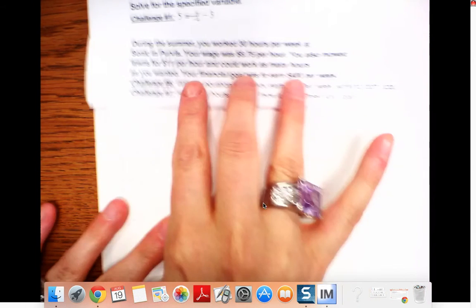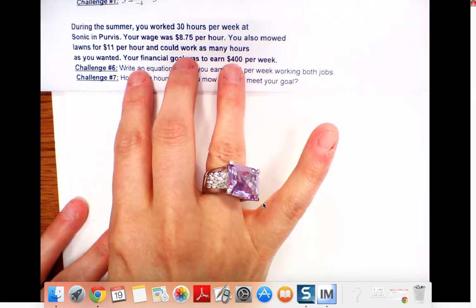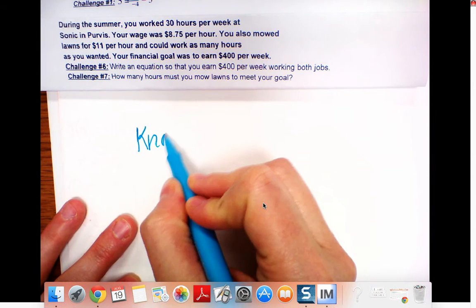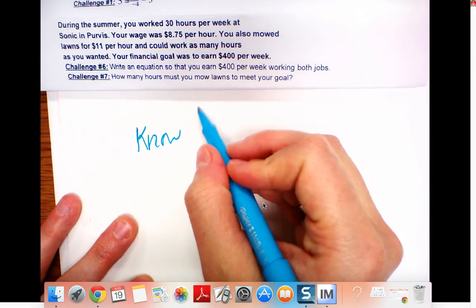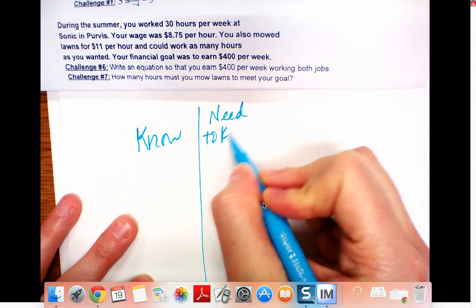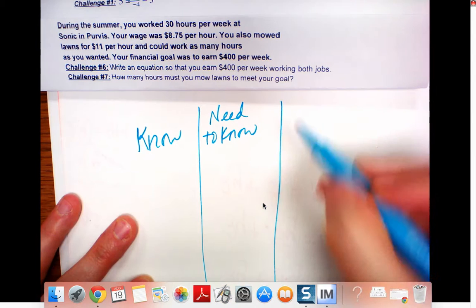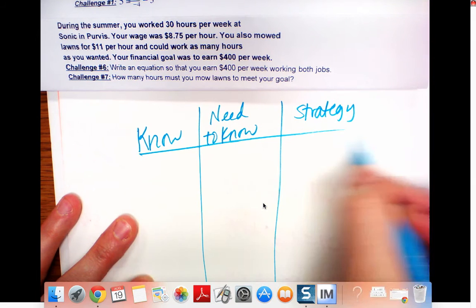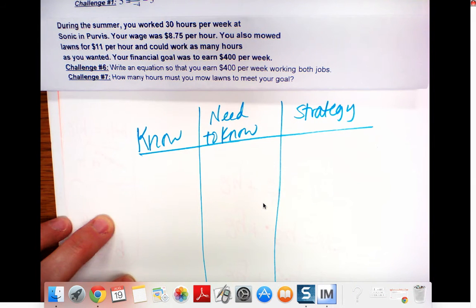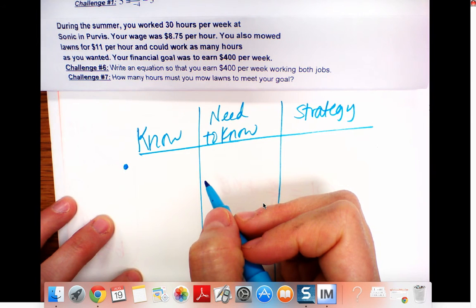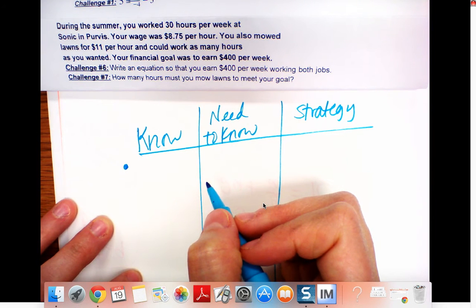I'm just going to keep this here so we can see it. Alright, so I have my know column, need to know, strategy. Okay, so the students at this point would say things that they knew, things that the problem told them.